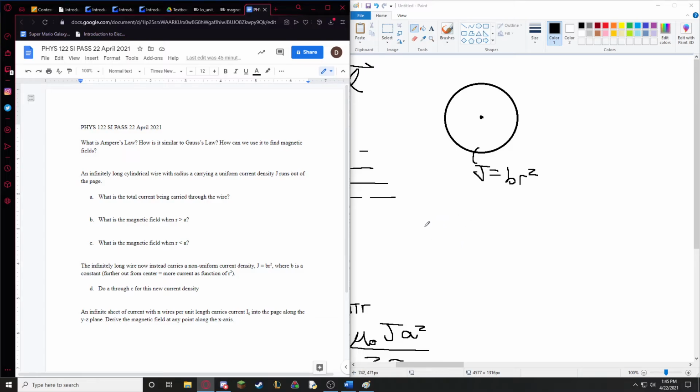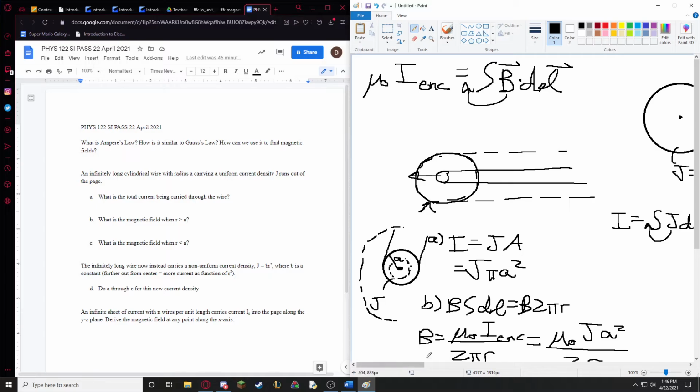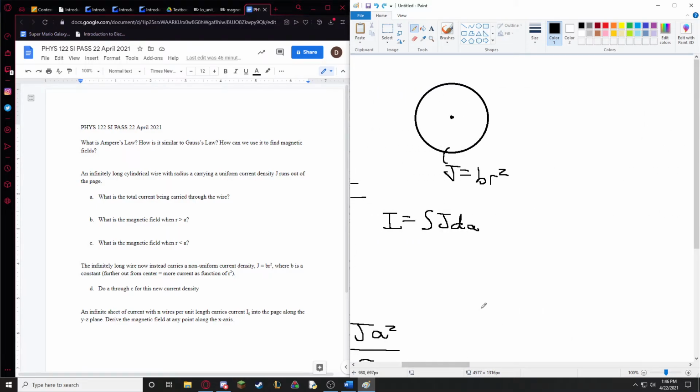So in reality, I is equal to the integral of J dA. If J is a constant, it comes out, and the integral of dA just gives us our area. I is equal to J times A, that's what we had before. But in this case, J isn't a constant, so we can't pull it out of the integral.